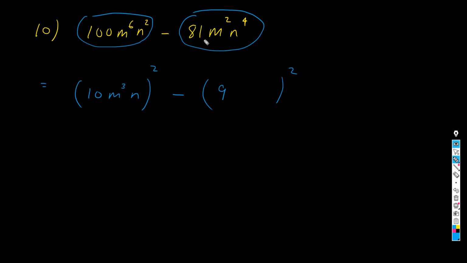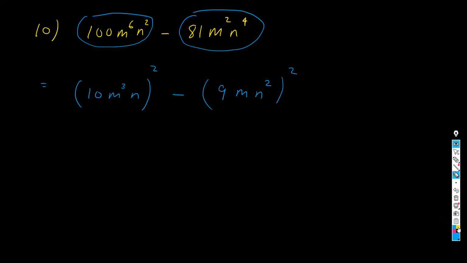It's going to be 9 because the square root of 81 is 9, and m and n to the second power. Make sure that the square of this number is this, and that the square of this number is all of this. Now, if you make sure, we can go ahead.